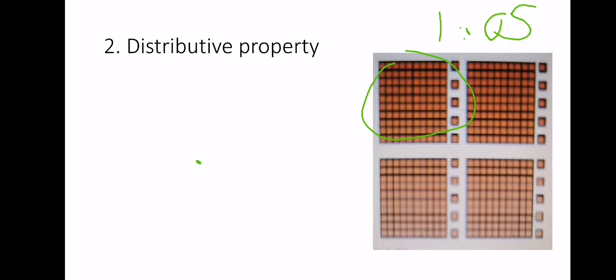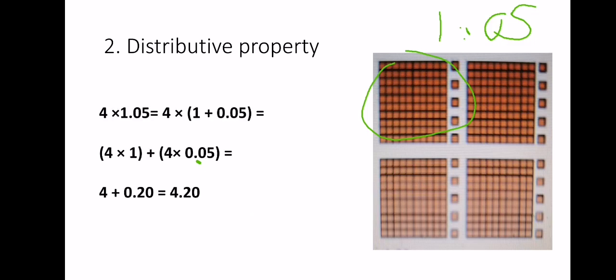With the distributive property, I use break apart for the number. What does break apart mean? It means the value 1.05, I will break into 2 parts: 1 alone, and 0.05 alone. Then each one of them, I will multiply 4 times. Let's see.